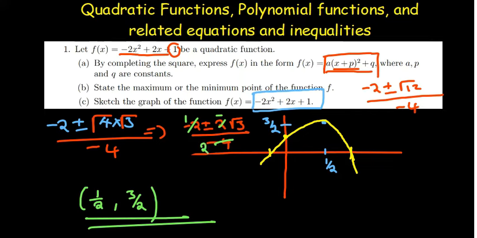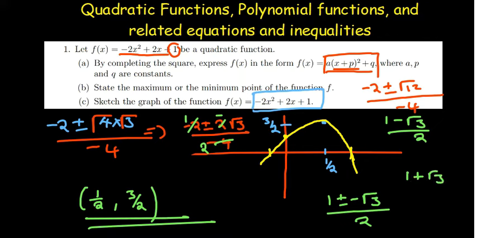So we have 1 plus or minus negative root of 3 over 2. So the two possible results will be 1 minus root of 3 over 2, and the other one will be 1 plus root of 3 over 2.